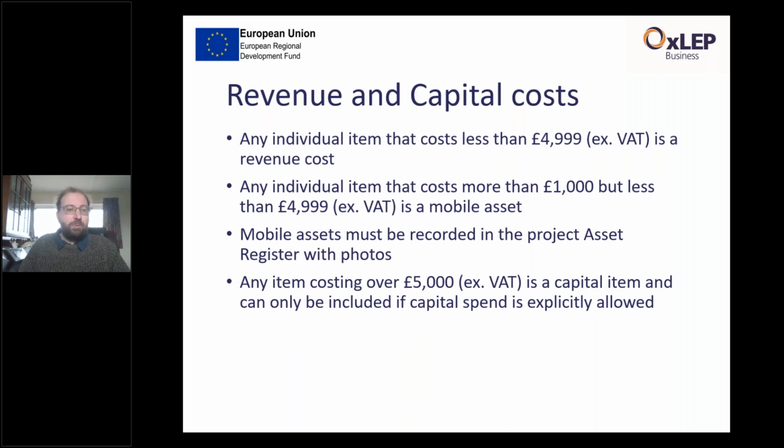As ever, it's not quite as simple as that, because any item, even if it's revenue, that costs you more than £1,000 but less than £4,999 is classed as a mobile asset.